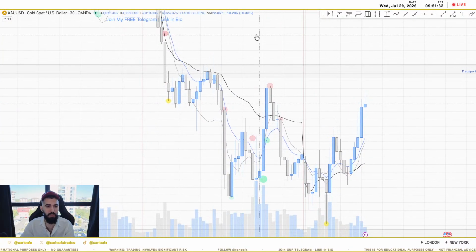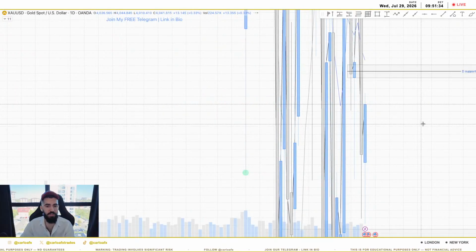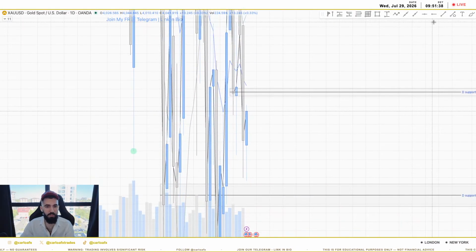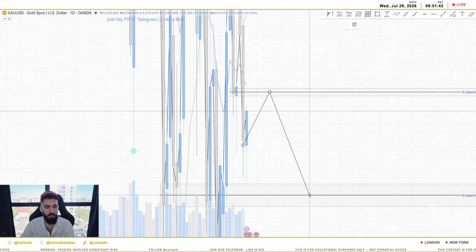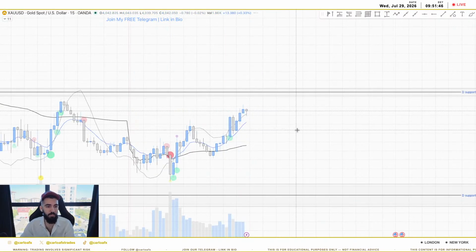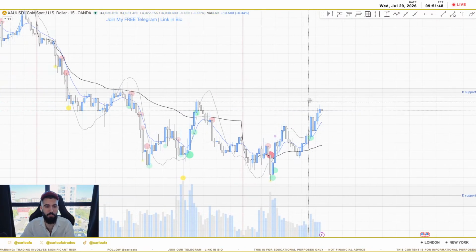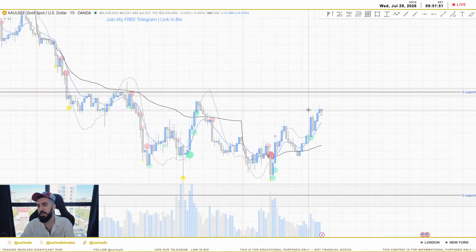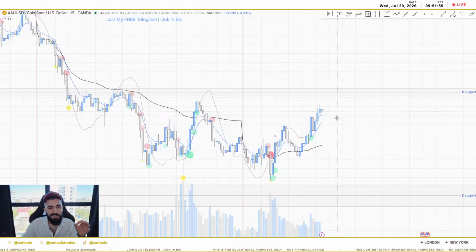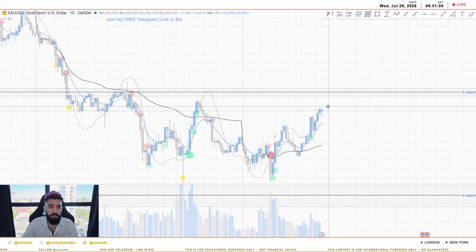And even the daily support itself, the price can reject because price already broke the daily support, right? What can the price do? Price can come up, touch the daily support, and then come back down, straight down. So even if we break the daily support on 15 minutes or let's say 30 minutes, we still need to treat it like an aggressive scalping trade.